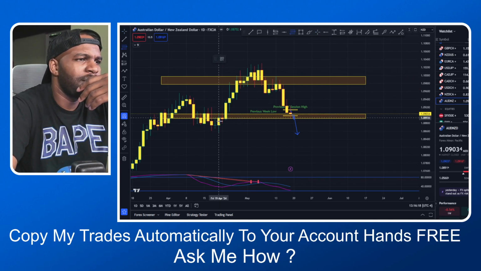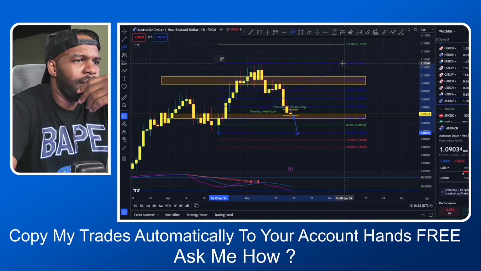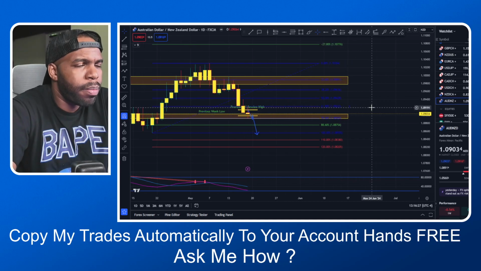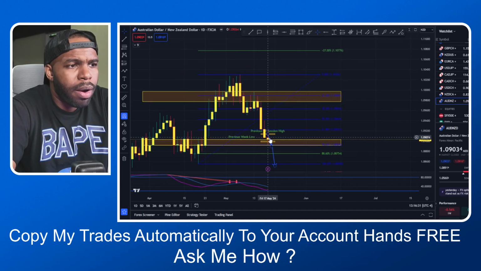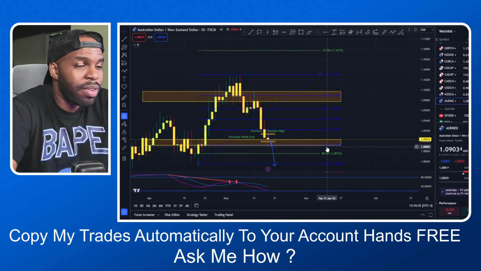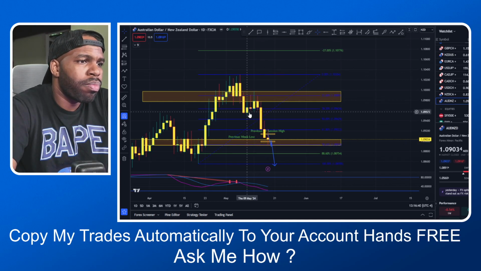Like I said, the daily is telling us that we should be buying, but if we look at the weekly and the 4 hour, it's telling us to sell. But price is at a price reversal zone, which is a 78.6 Fibonacci retracement level. So price may not go down.